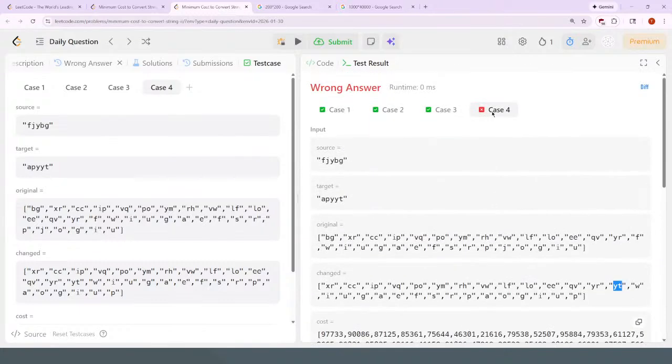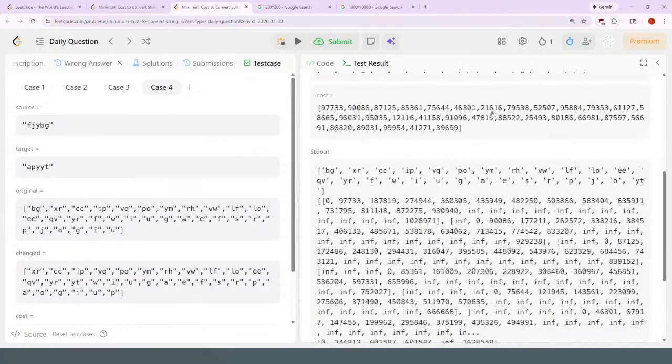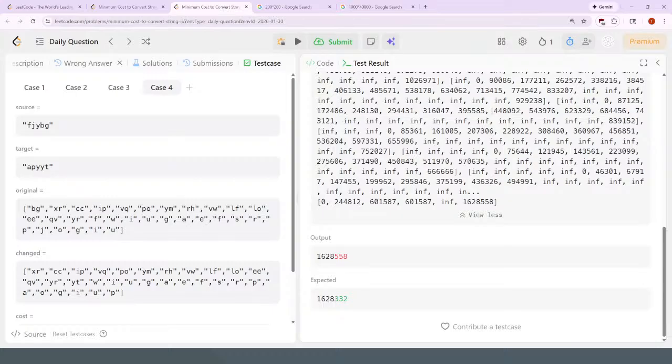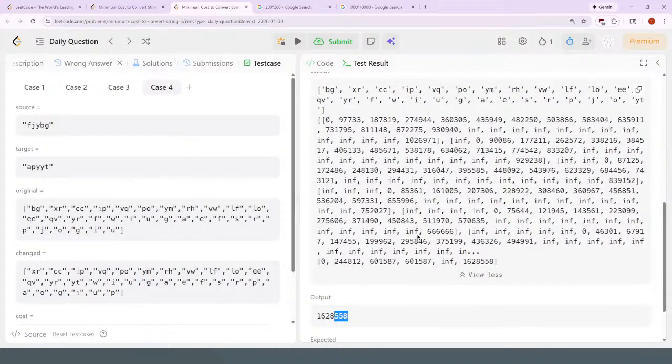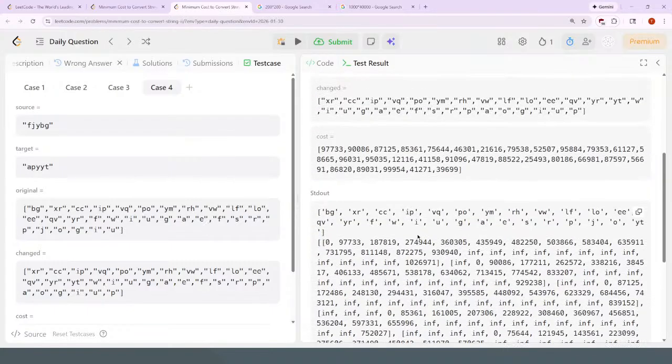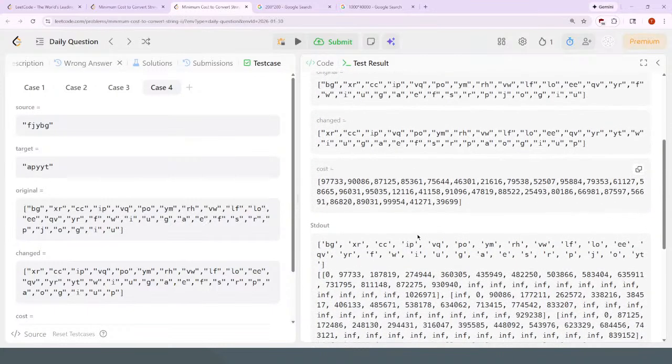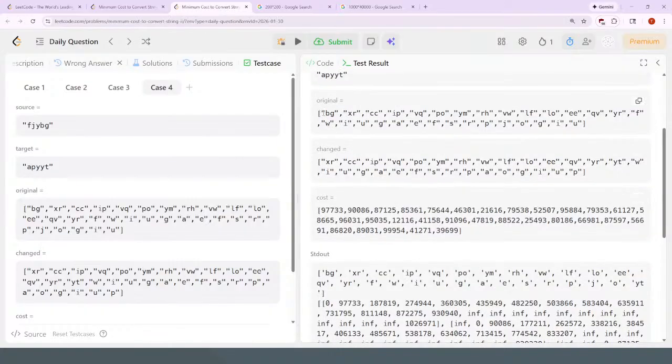Okay. 558 versus 332. Time's a ticking. BG, XR, CC.